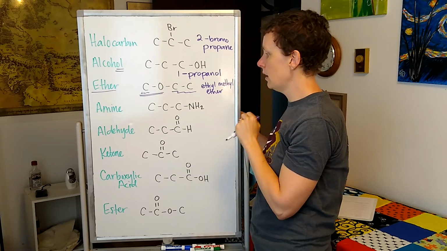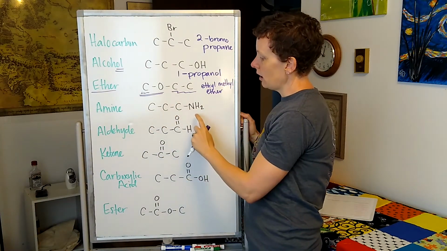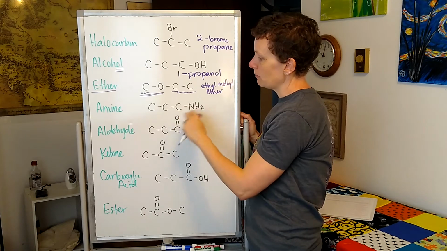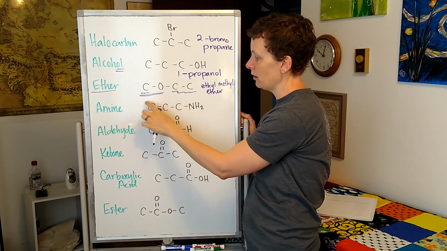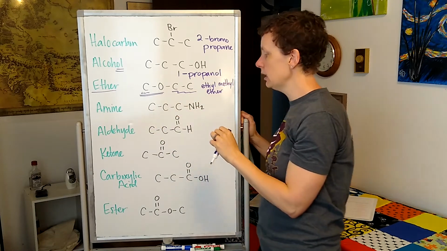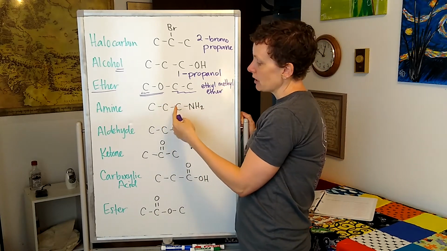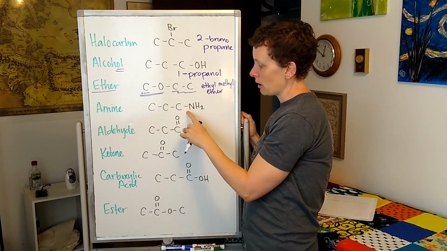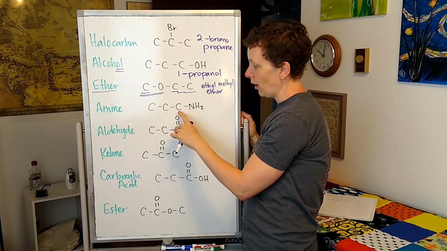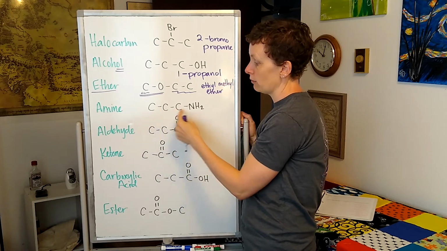Methoxyethane. Okay, amines. Here I have an NH2 attached to a carbon. I could have put it anywhere. A single bond means it could go in the middle, it could go on the end, I could have put it anywhere, okay? So I have to give location, and hopefully by now you've gotten used to the fact it needs to be on the lowest number carbon, so this would be carbon number 1, 2, 3 instead of 1, 2, 3.